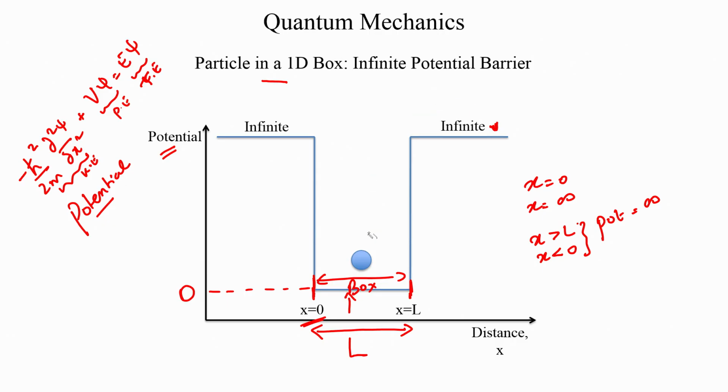Now, since all these potentials are infinitely large, it is impossible for the particle to be located in those regions, and for this example the particle remains very much confined to the box. So, since we are talking about the wave particle, the magnitude of the wave function in these regions is 0, whereas the nature of the wave function inside the box is what is to be determined.